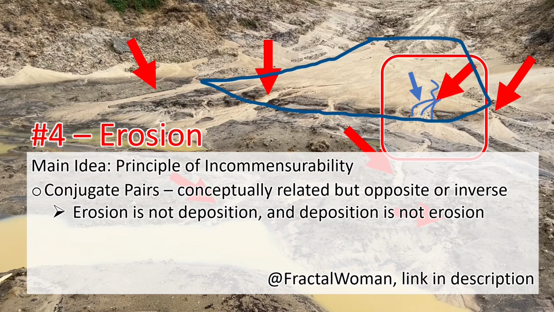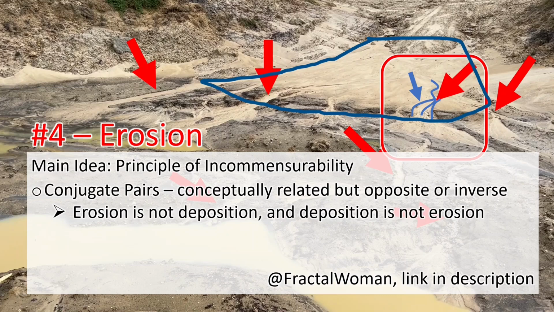This idea of a conjugate pair, 2 principles that are conceptually related but opposite or inverse. Erosion is not deposition, and deposition is not erosion. A couple of the examples that Fractal Woman gives for this principle are darkness and light, or silence and sound.